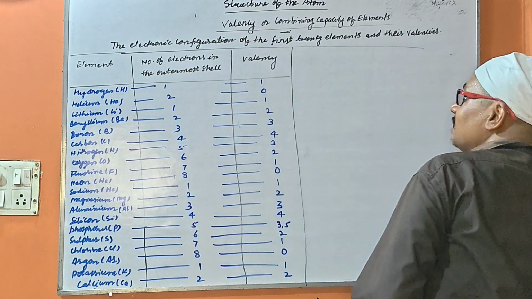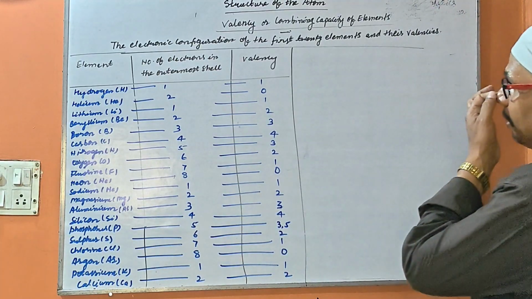So these are the valencies, the combining capacity of the elements we are reading.